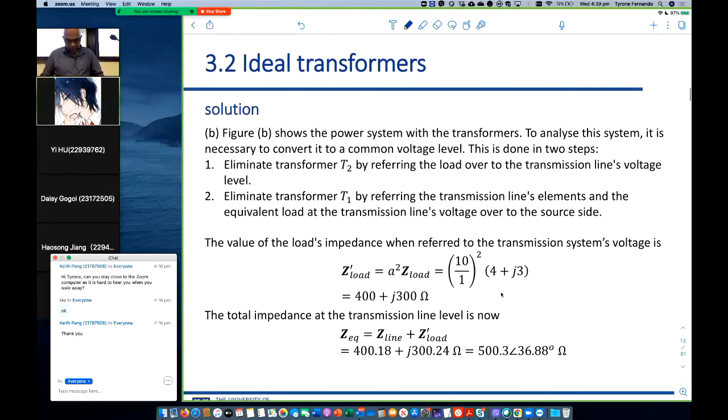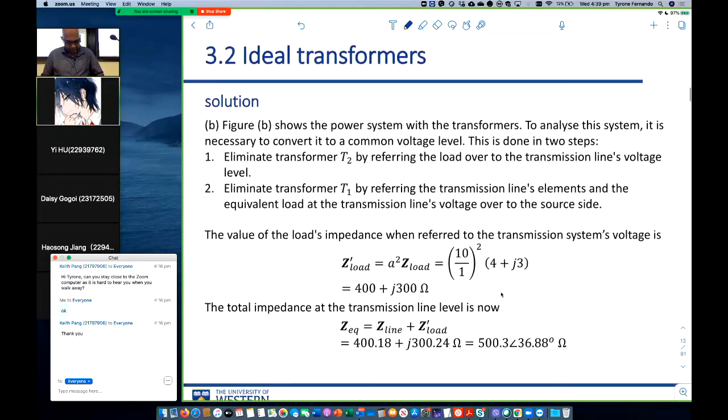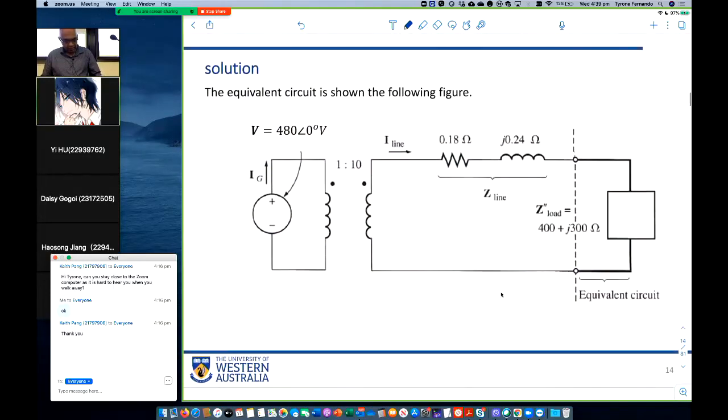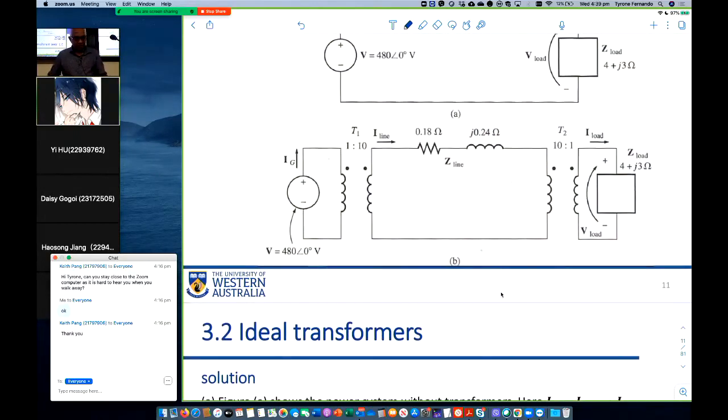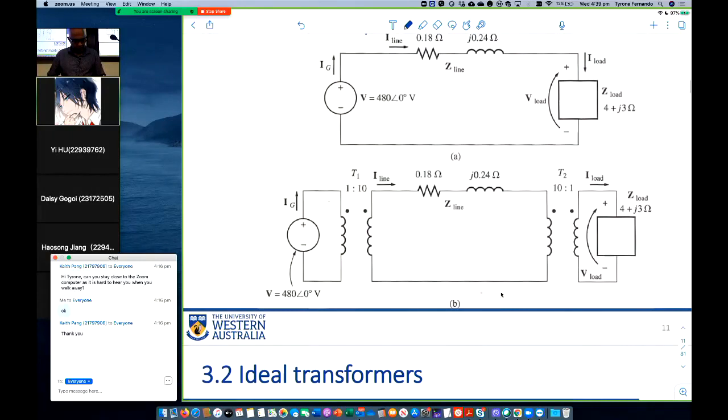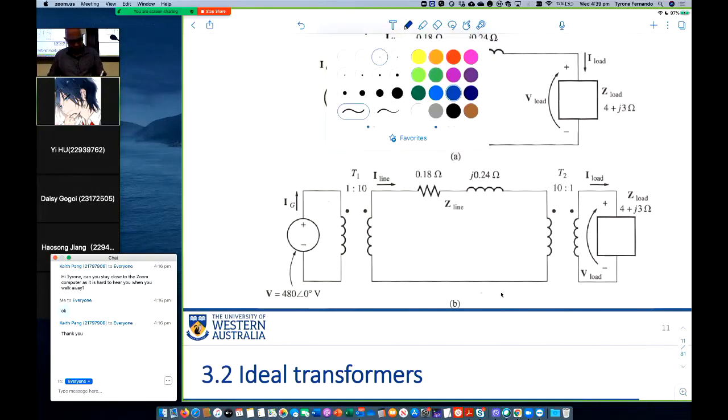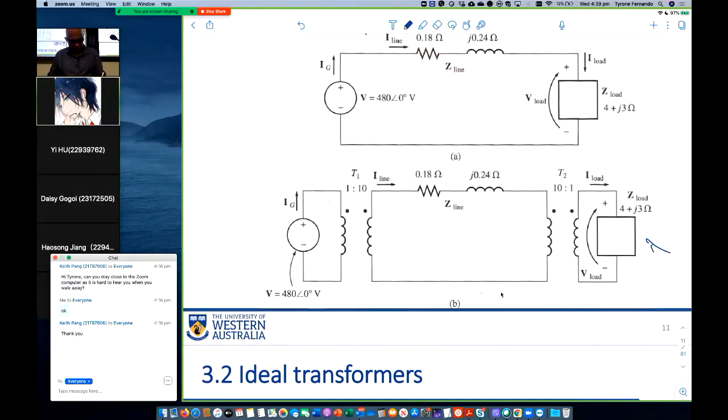All right. What we do in this case, we take this impedance on the right hand side, and we reflect it from the secondary side to the primary side. When we do that, we take the turns ratio squared and multiply it by that impedance.